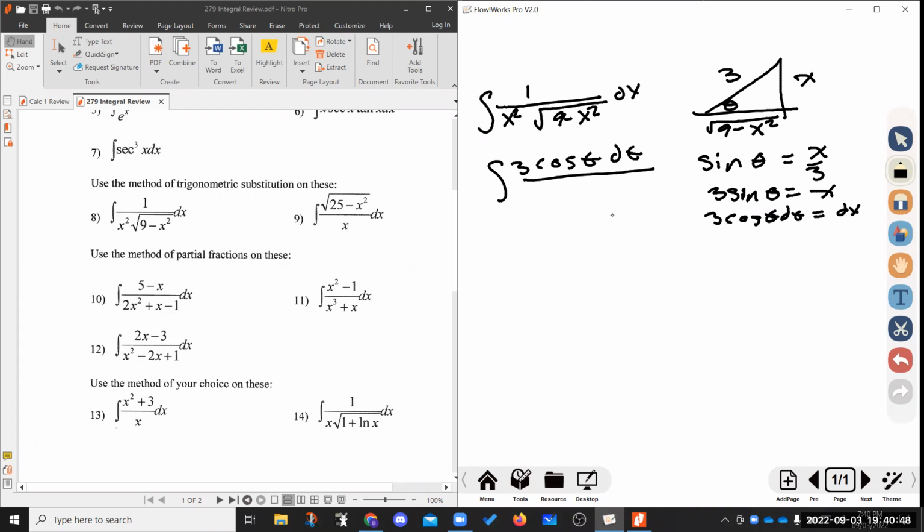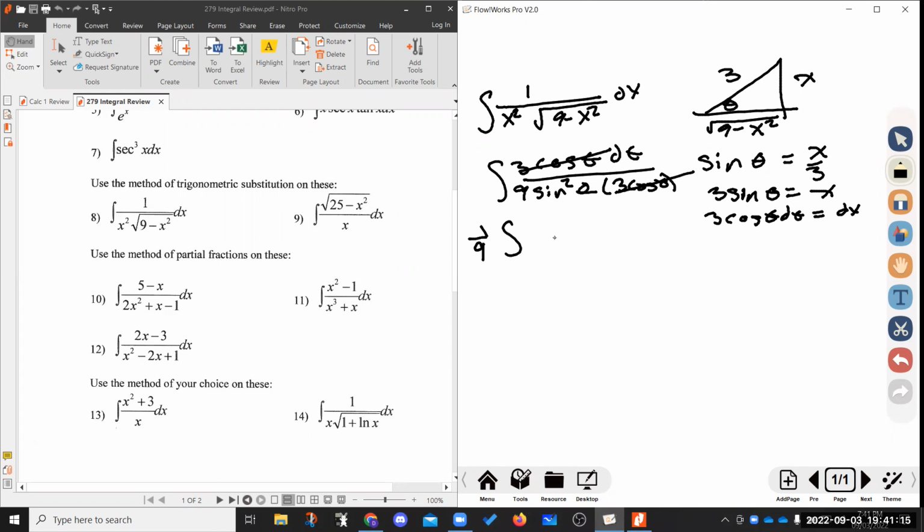X is 3 sine of theta, so x squared is 9 sine squared theta. And then this square root of 9 minus x squared is going to be 3 cosine of theta from the triangle. 3 cosine theta and 3 cosine theta will cancel. This is going to be 1/9.